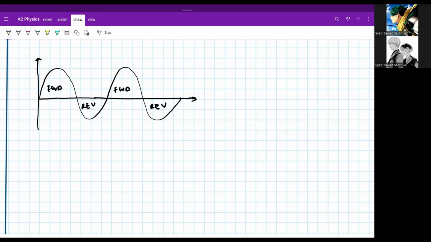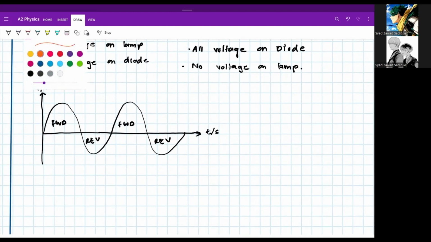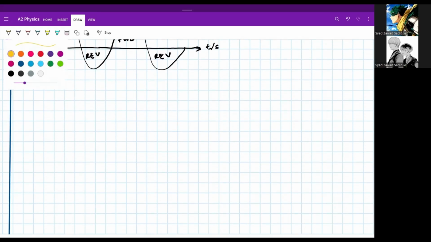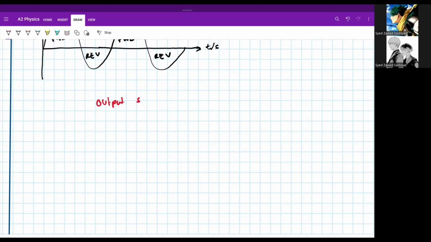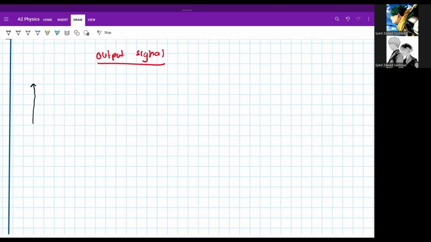Time in seconds, voltage in volts. So this is the input signal. Now, how does the output signal look? For the output signal, the graph will look something like this.